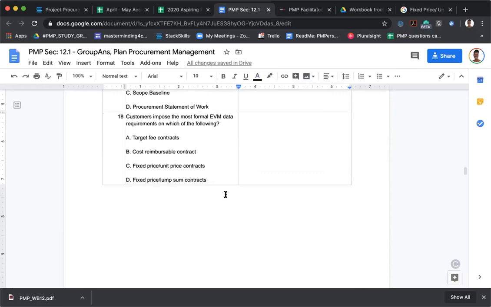Customers impose the most formal EVM data requirements on which of the following? Target fee contracts, cost reimbursable, fixed price unit price, or fixed price lump sum contracts? I'm not sure about this one. Me neither. Most formal EVM, earned value management, data requirements.